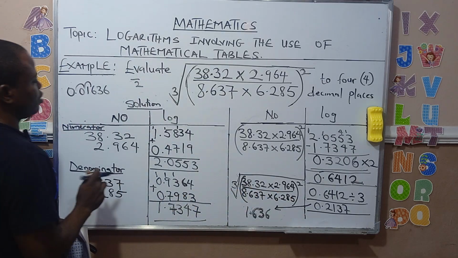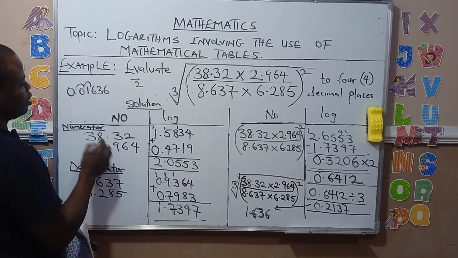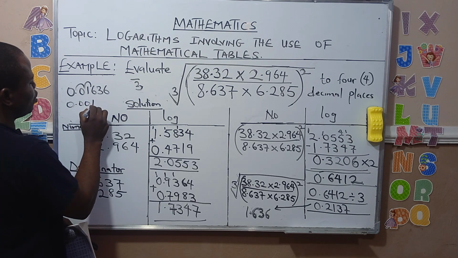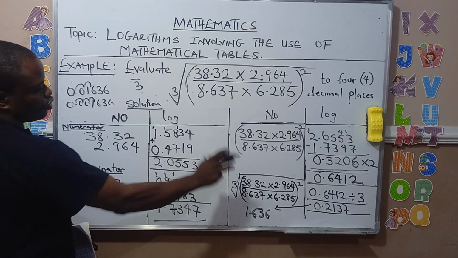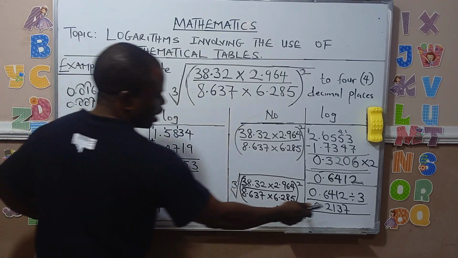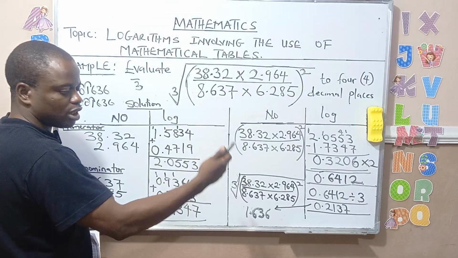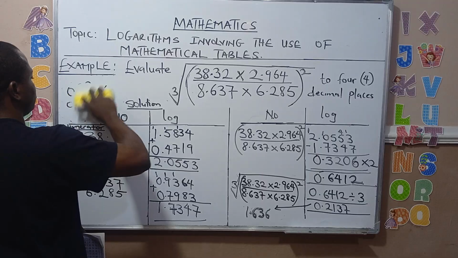That's 0.0, shifting twice. For bar 3, 0.001636, now shift 1, 2, 3 to give you your bar 3. You don't need to be adding plus 1 the way we did when you're having numbers without bar.